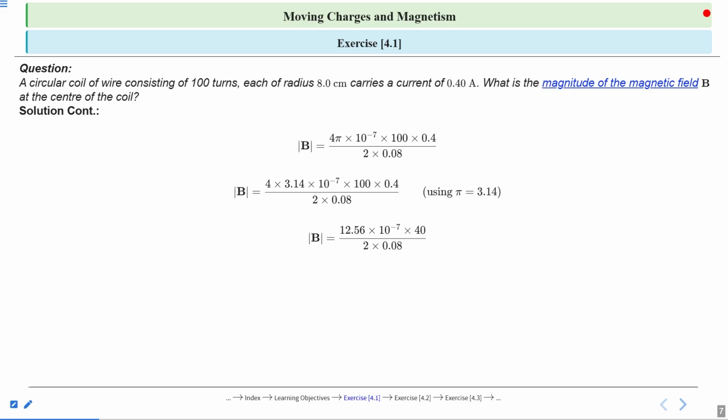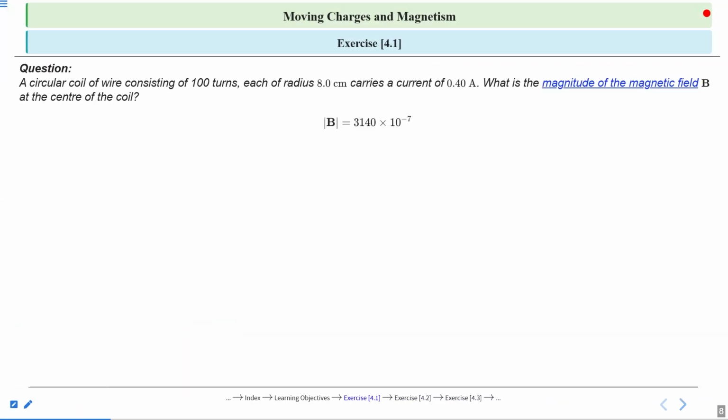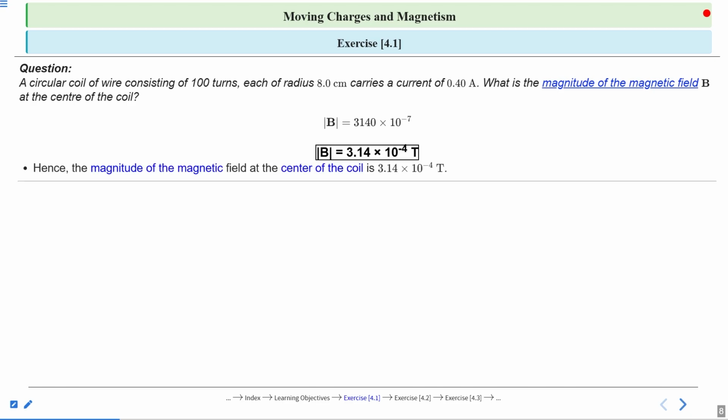Multiplying 12.56 into 40 gives 502.4 into 10 raised to the power minus 7 upon 2 into 0.08. So B is equal to 3140 into 10 raised to the power minus 7. So the magnitude of magnetic field B at the center of the coil is 3.14 into 10 raised to the power minus 4 Tesla.